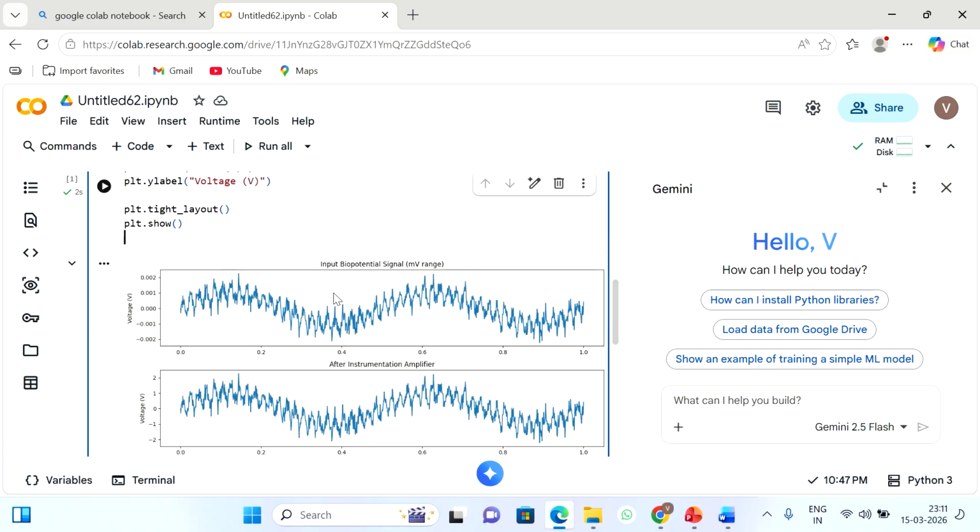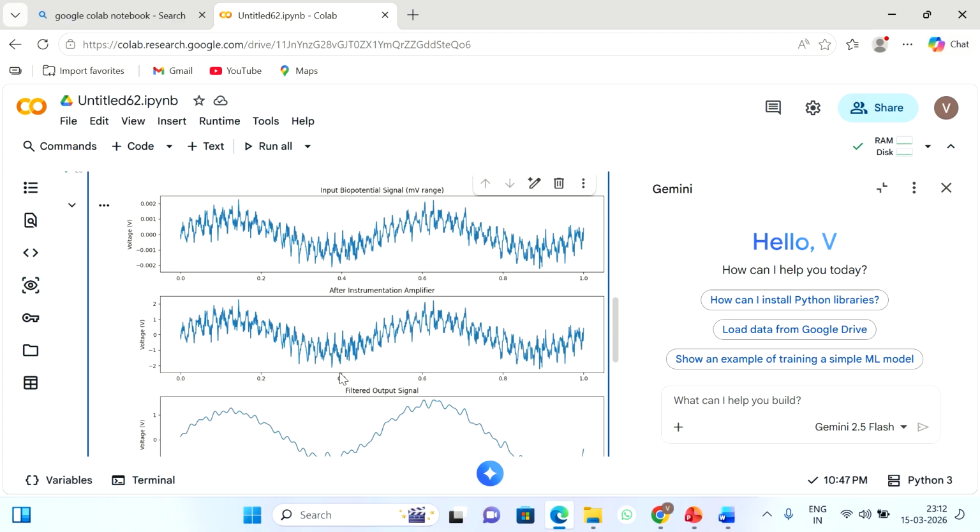So what we are getting: input biopotential signal in millivolt range, x-axis time and y-axis voltage. And then instrumentation amplifier, x-axis, y-axis. See here the amplitude, positive peak and negative peak. If you take it, it is 0.002 only, but the instrumentation amplifier gain is 200. That is why the amplitude is 2.